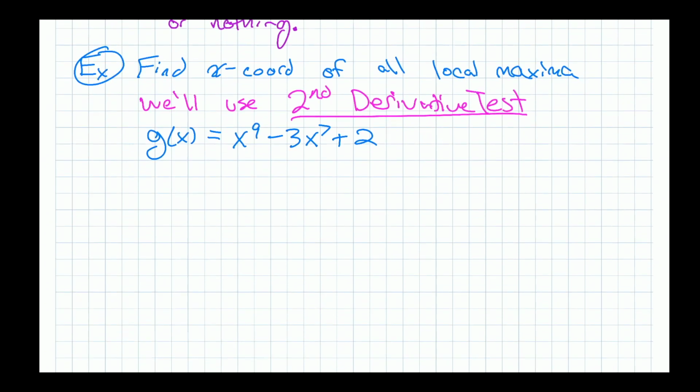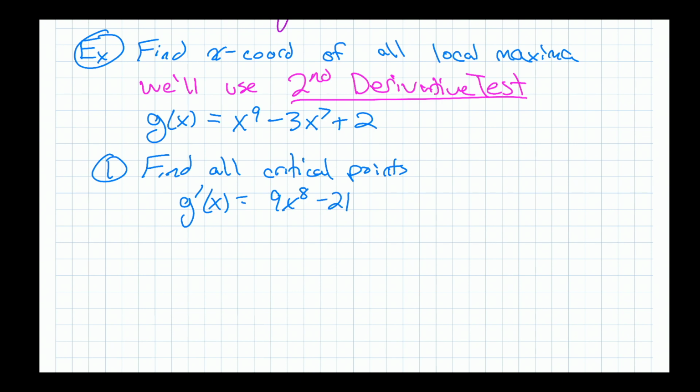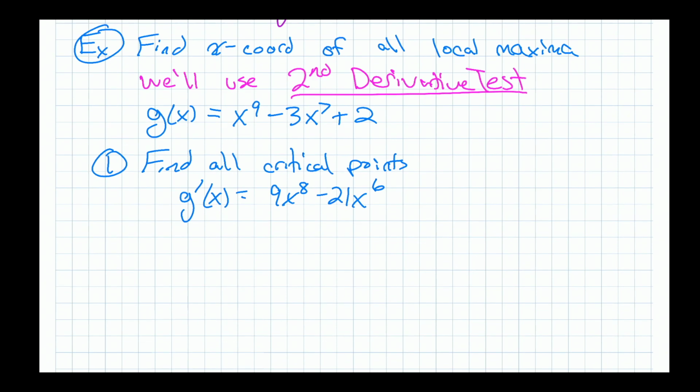All right, let's try it. So we need critical points. So we're still going to do that. Find all critical points. Probably not too many of them. All right, so we need g prime. G prime is 9x to the 8th minus 21x to the 6th. All right. What do we do with the derivative?